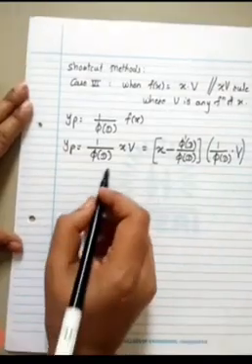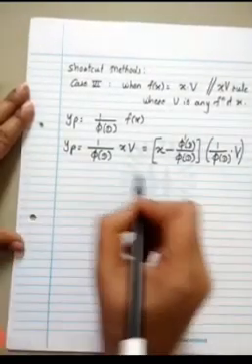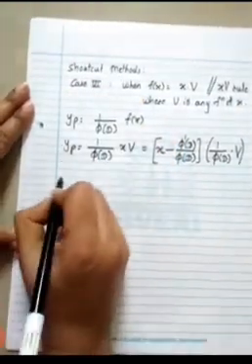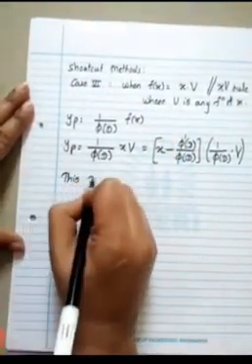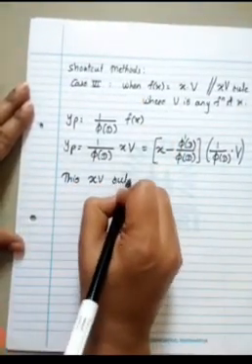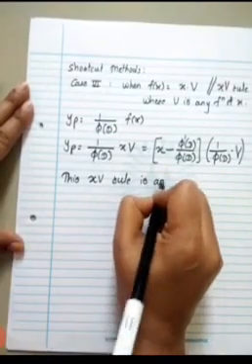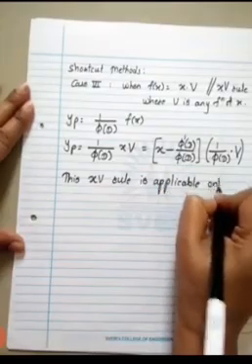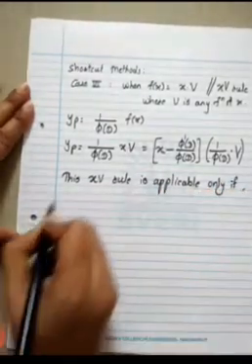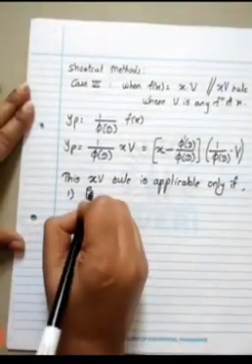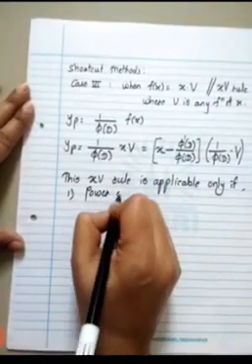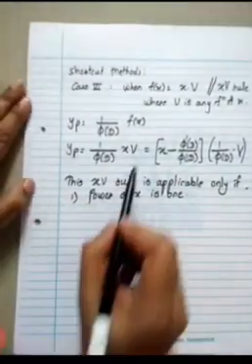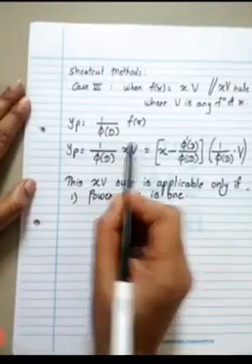For the existence of this, this xv rule is applicable only if there are two conditions. First, the power of x must be 1.